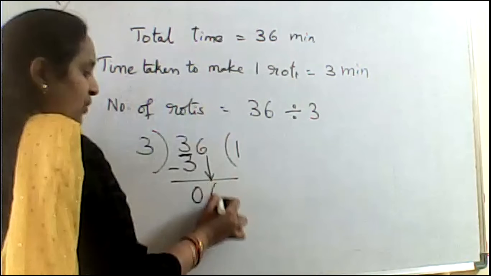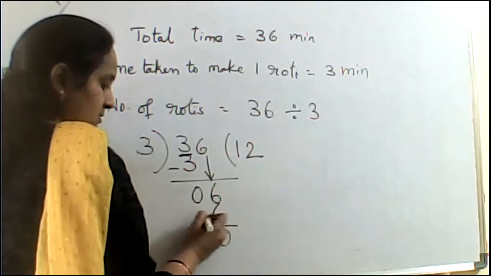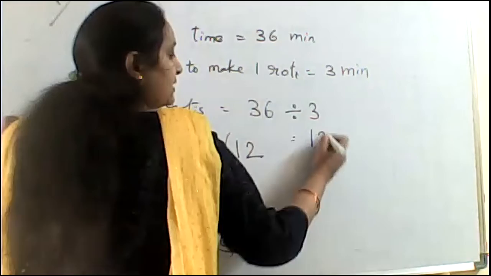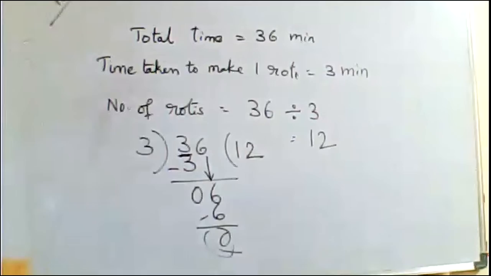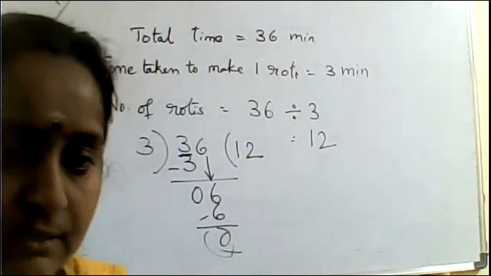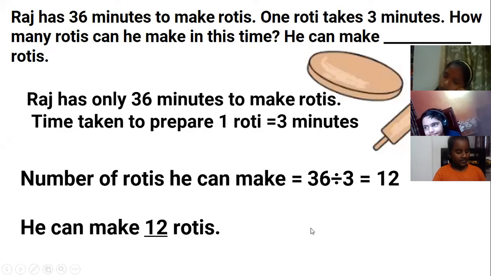How many times will it go? 3 twos are 6. Answer is 12. He can make 12 rotis in 36 minutes.